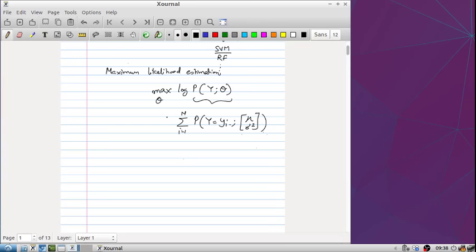Sorry, there's a log missing. Maximize over theta, which is essentially maximize over mu and sigma square.